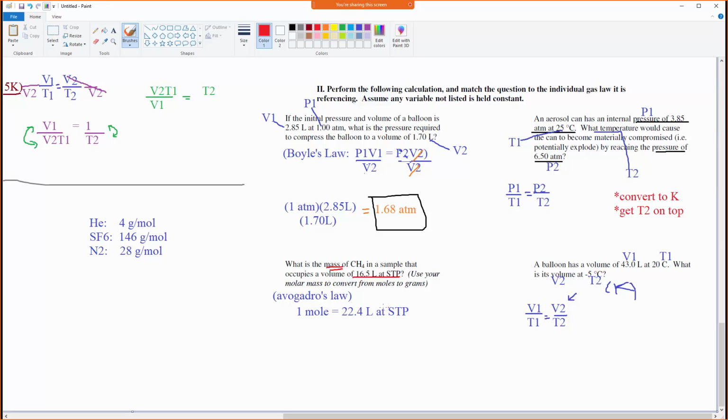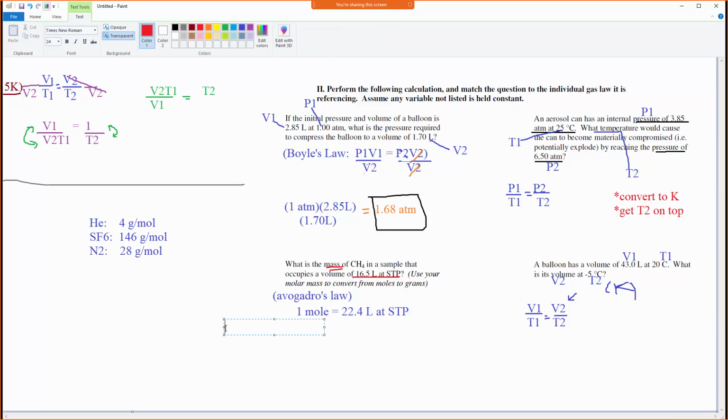So this is tricky. Hang on a second. So number one, I want grams of CH4. And number two, they gave me that I have a 16.5 liter sample at STP, and I know that at STP, any 1 mole is going to be 22.4 liters.